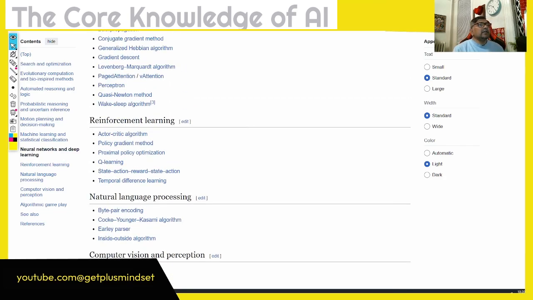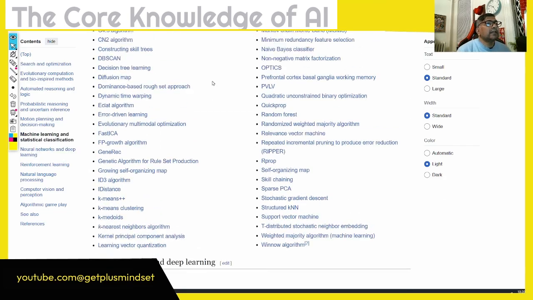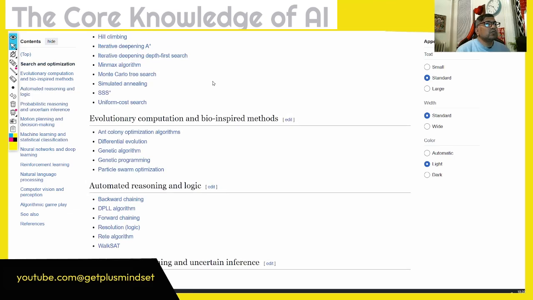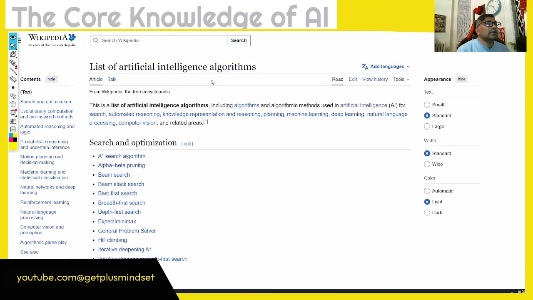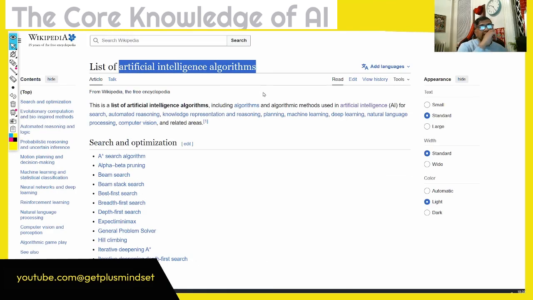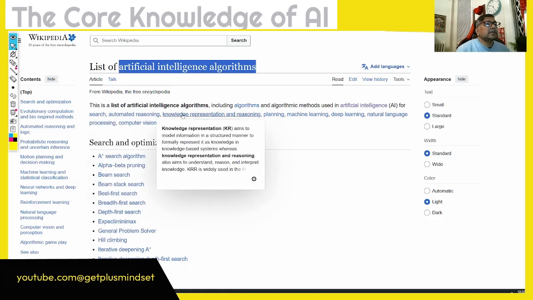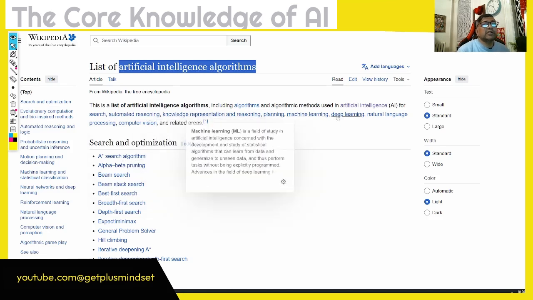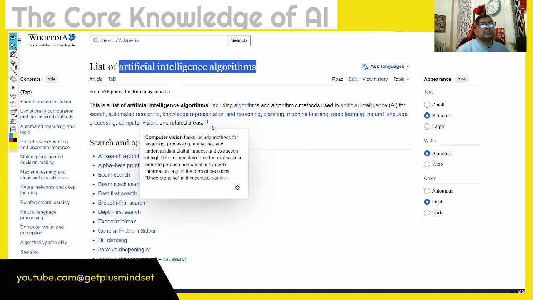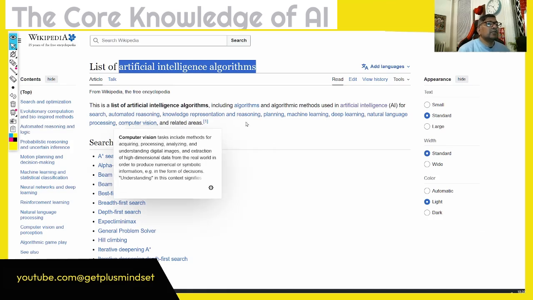So definitely a large group of algorithms is working behind artificial intelligence. These are known as artificial intelligence algorithms. They are categorized as searching, automated reasoning, knowledge representation and reasoning, planning, machine learning, deep learning, natural language processing, and computer vision.